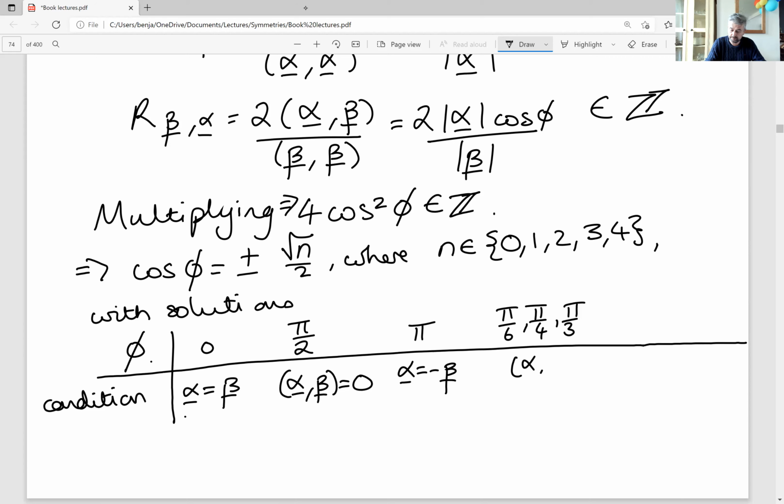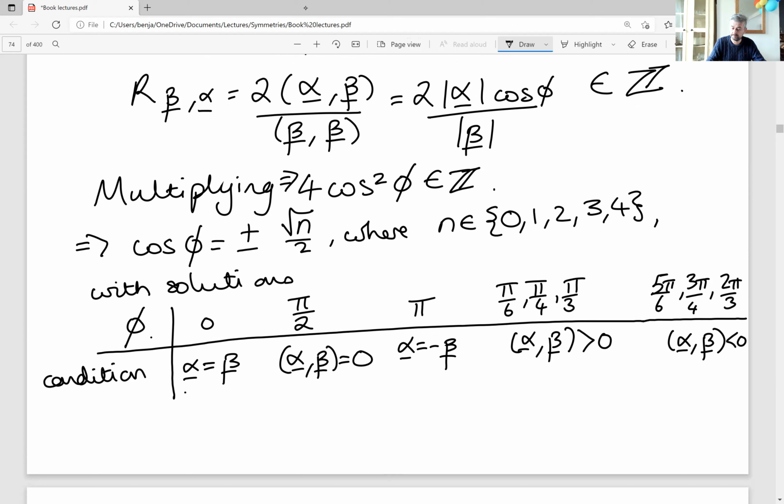These all have alpha comma beta bigger than 0. And there are cases 5 pi by 6, 3 pi by 4, basically pi minus these ones, 2 pi by 3, where we get a negative inner product.